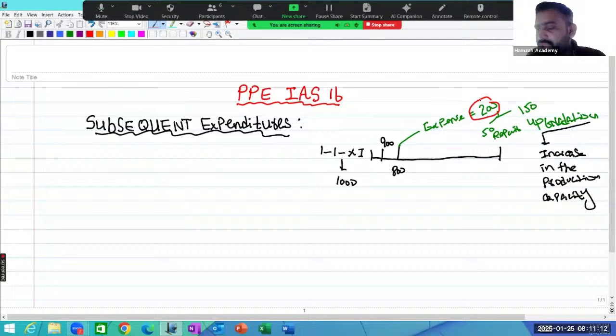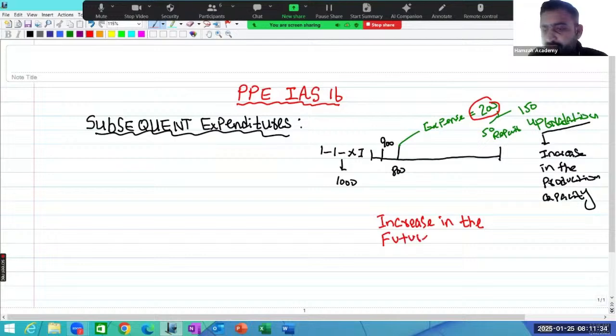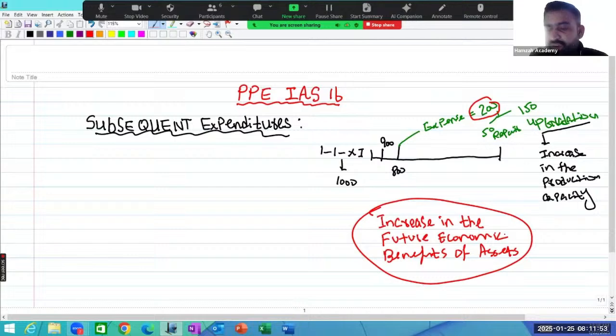If due to any expenditure there is an increase in the future economic benefits of assets, then the expenditure will be capitalized.